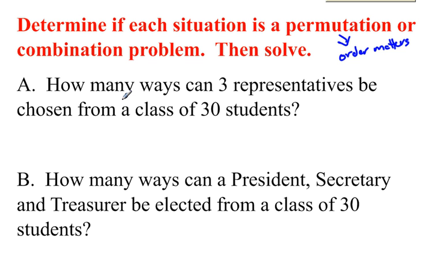Now representatives, I don't think it matters if I choose Alice, then Bob, then Carl, or first I choose Carl, then Bob, then Alice, or Alice, Carl, then Bob. It's still the same 3 representatives. So this is a combination problem because the order does not matter. And so now I'm choosing from 30 students, 30C3.